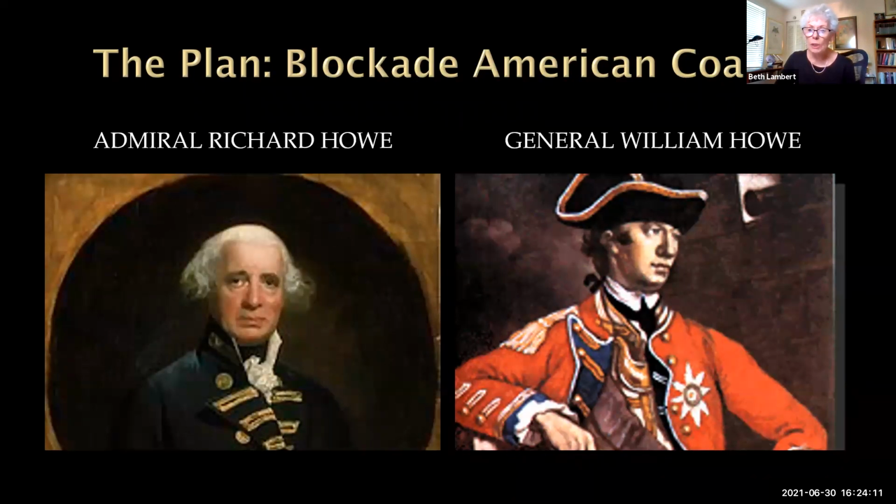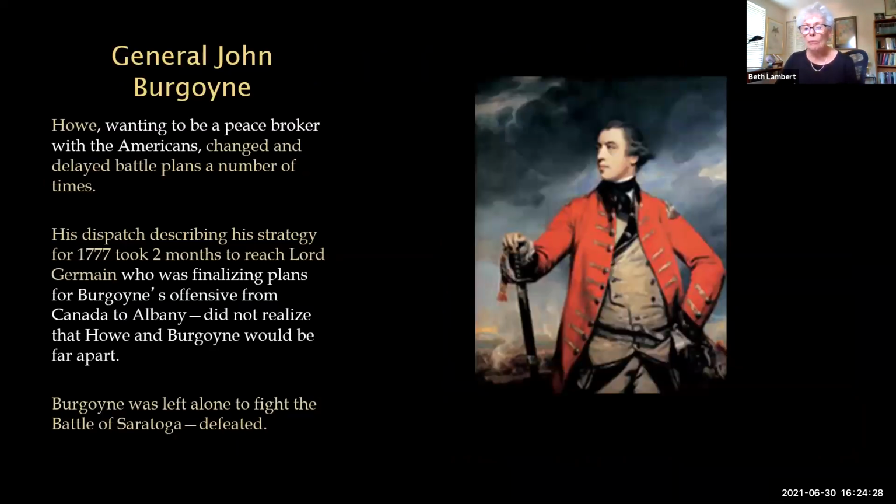The first plan was to blockade the American coasts. The Howe brothers, at the same time that they were supposed to be engaged in restraining the colonists, wanted to make peace with them. This did not work. Burgoyne was the most famous. Burgoyne and Cornwallis.